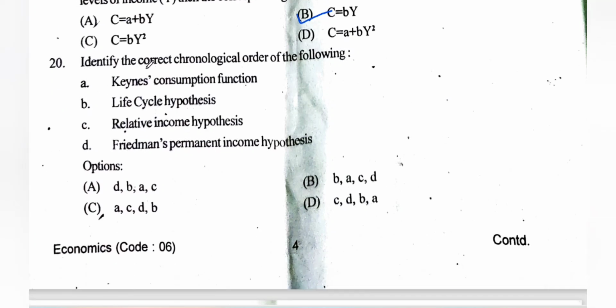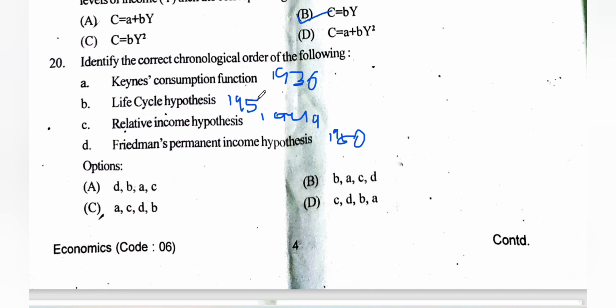Question number 20. Identify the correct chronological order of the following. As we know, the absolute income theory, the Keynes consumption function, is from 1936, and then the relative income hypothesis, which is 1949, and then Friedman's permanent income hypothesis, which is 1950, and then the life cycle hypothesis, which is 1957.